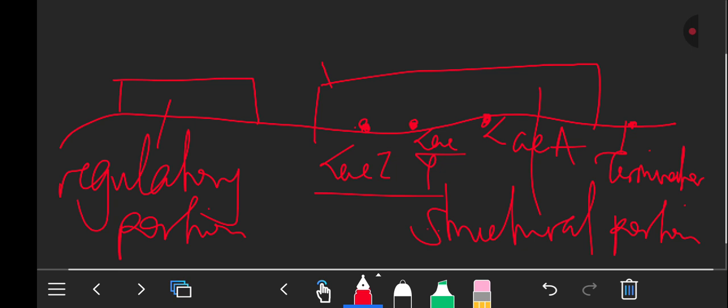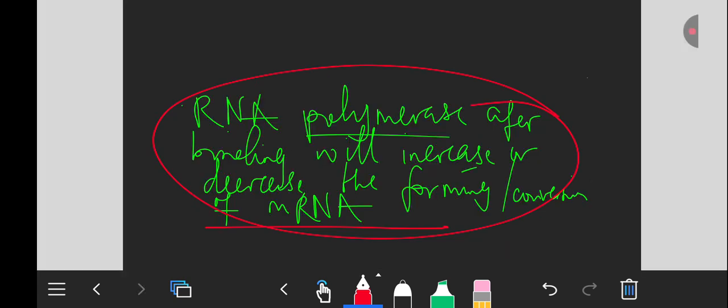This lac Y, lac Z, and also lac A have different functions. Let's look at their functions.